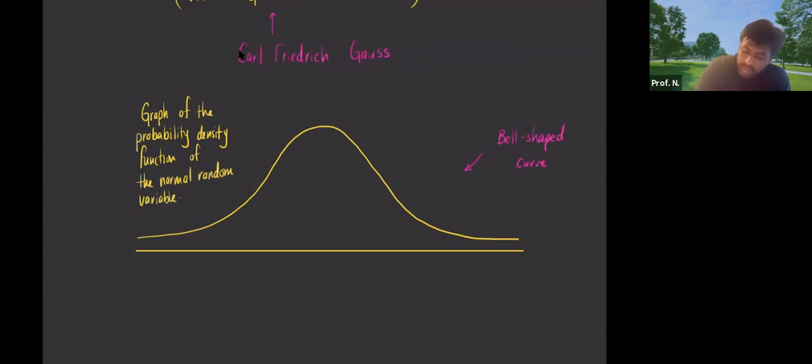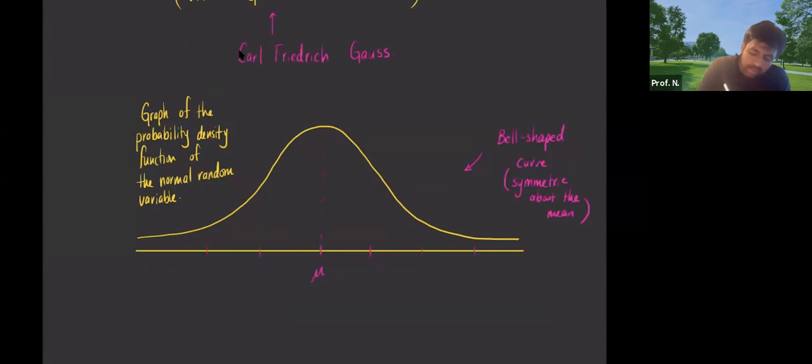And of course, it's symmetric. It's symmetric about the mean. Now the mean is smack dab in the middle. So it hovers symmetrically about the mean. And the way this is spread out is by what are called the standard deviations.